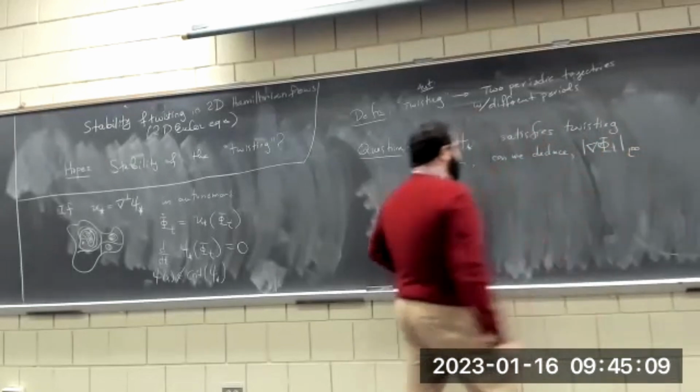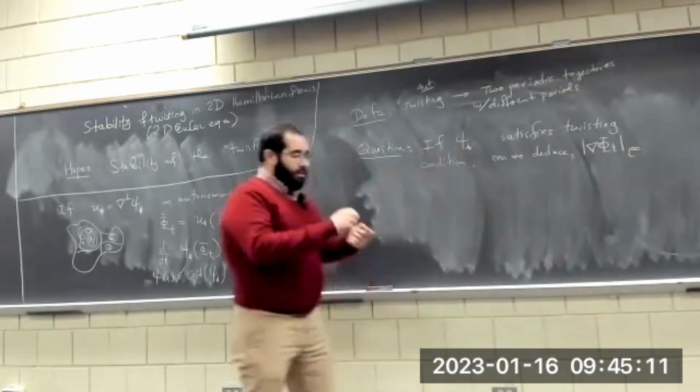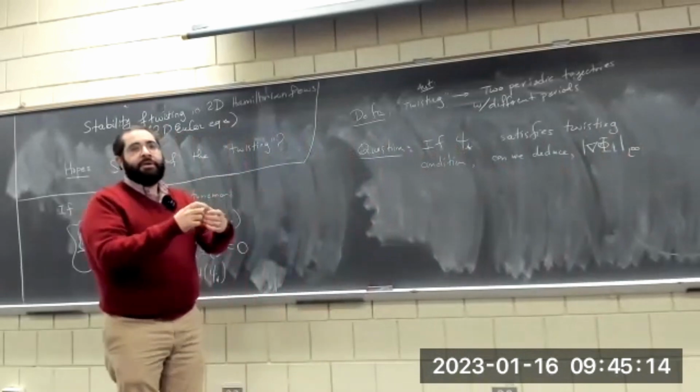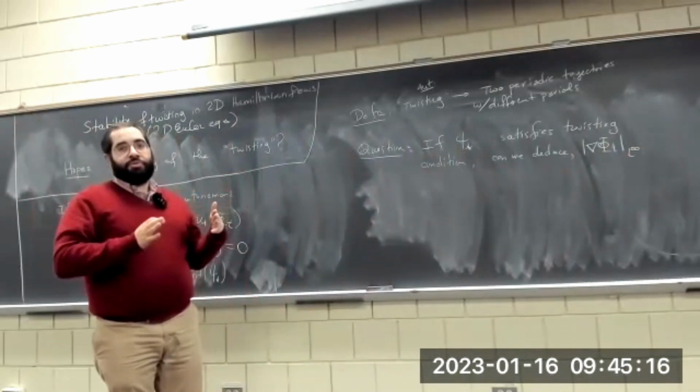I forgot to say this directly: if it's twisting, because this thing is getting longer and longer, the gradient of the flow map is going to infinity.